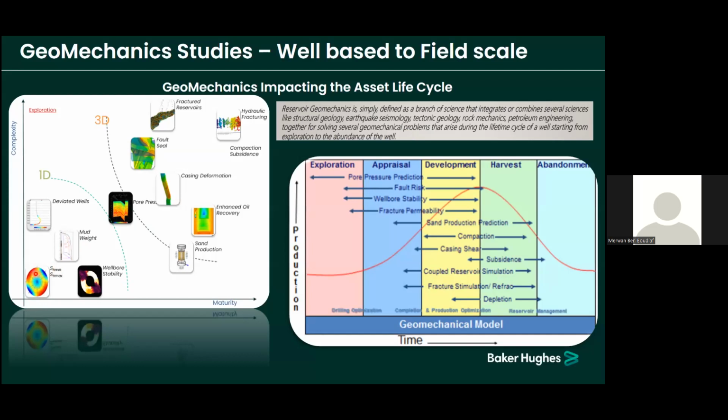This has direct applications in drilling, deviated wells, mud weight optimization, and all wellbore stability studies. These are 1D applications. Then we go to all pore pressure related applications, which are not really 1D and not really 3D, so it's between the two, such as sanding analysis.